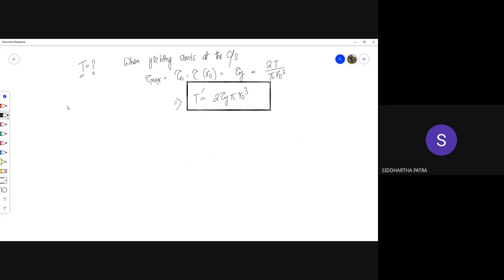Now, what happens to the cross section when the torque applied is more than T prime? You see, the shear strain is still changing the way it was changing within the elastic limit, which is gamma is gamma 0 times r by r0.